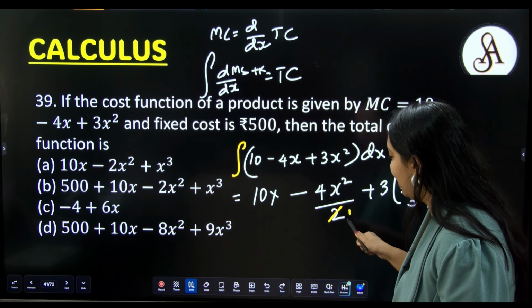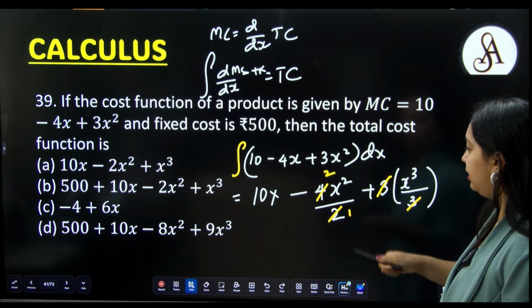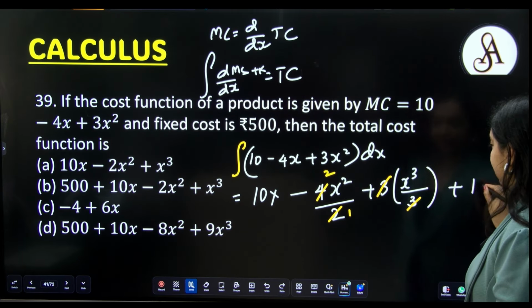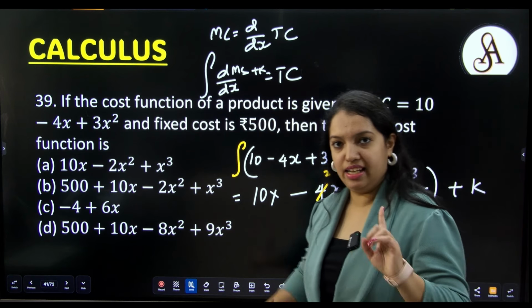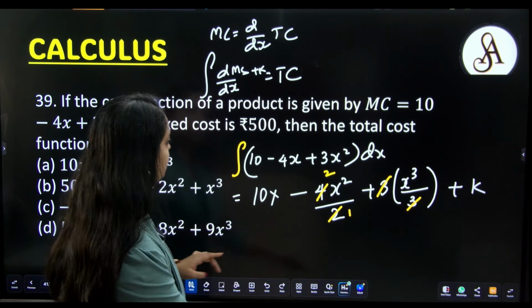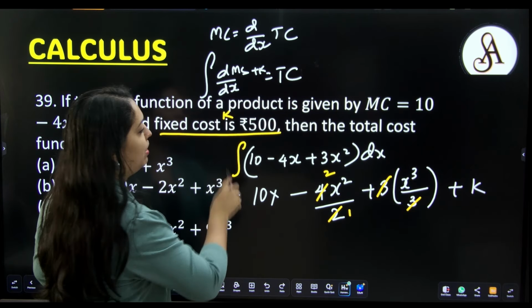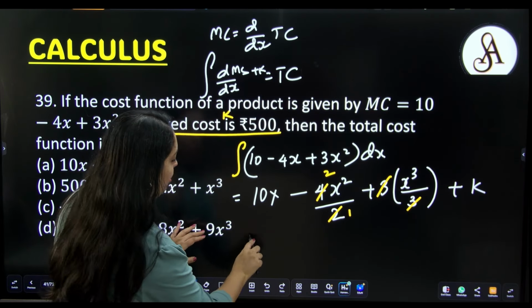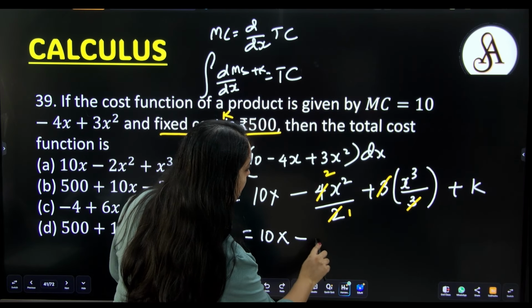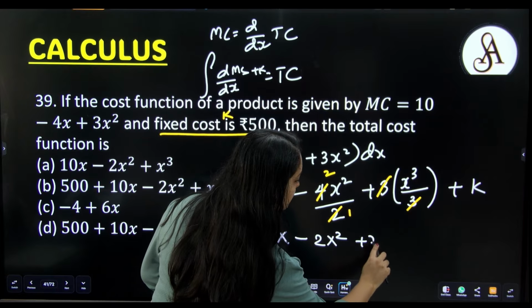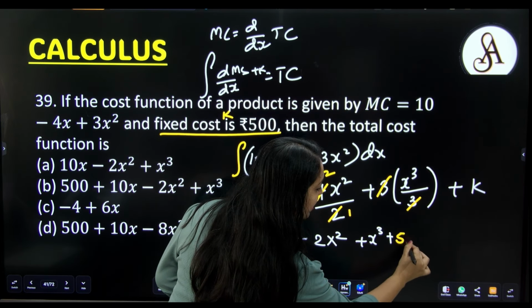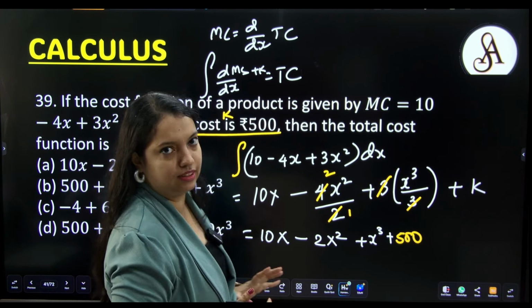Check this out: 2 ones are, 2 twos are, 3 and 3 get cancelled out. Plus k. What is k? Any constant. In this question, do you know the constant value? Yes, ma'am. That constant value, k, is given as 500. So your final answer will be 10x minus 2x square plus x cube plus 500 in the end, to indicate that this is the fixed cost.